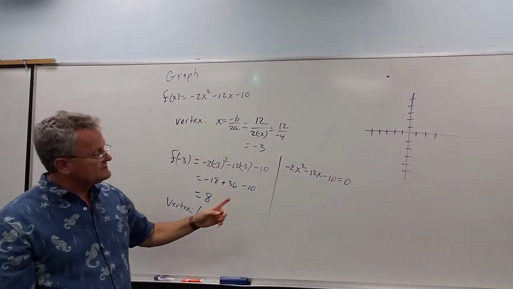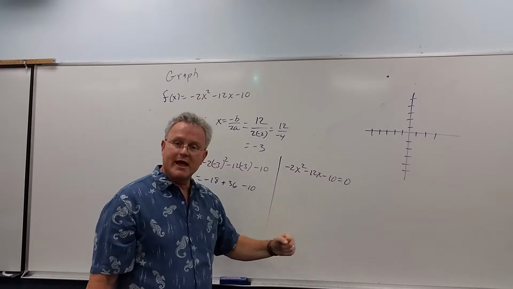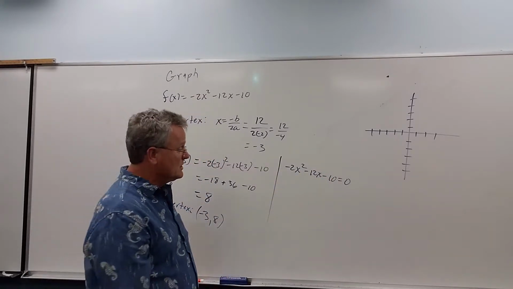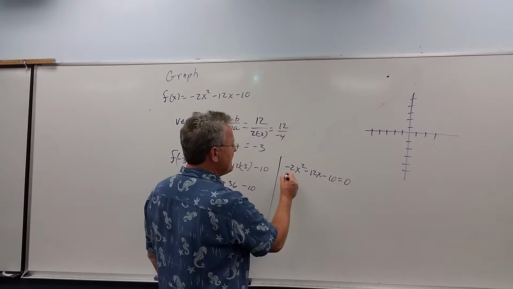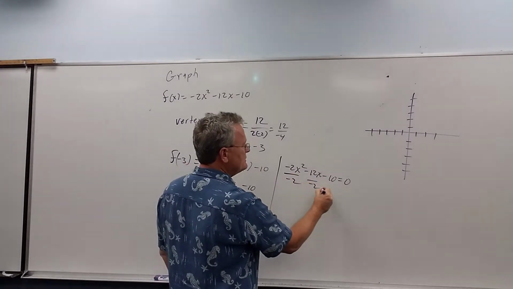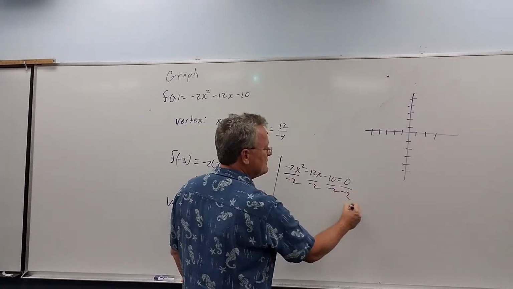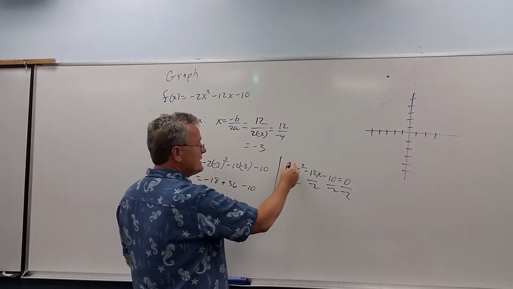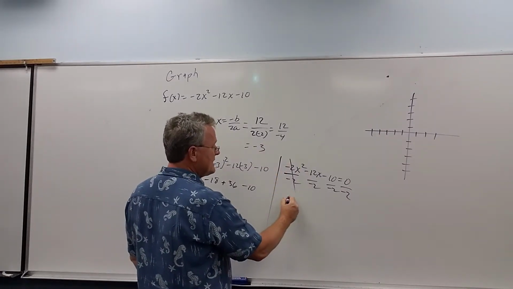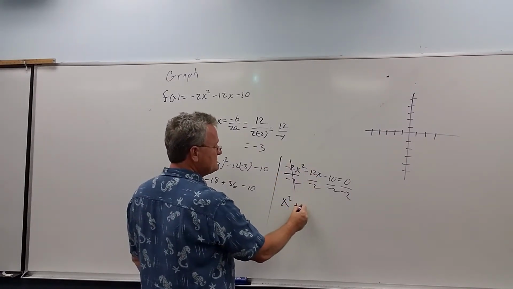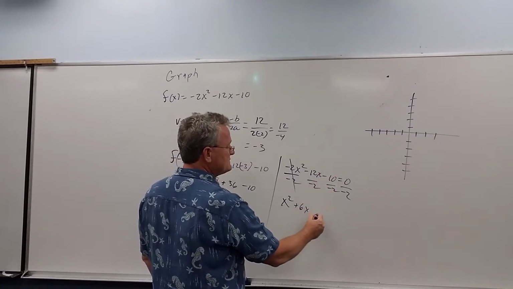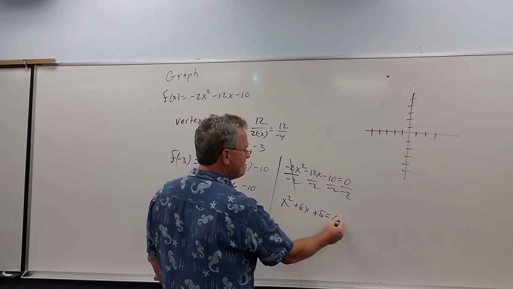The easiest thing to do, notice every term has a factor of 2. So let me divide both sides by negative 2, just to simplify solving this. Negative 2 over negative 2, they cancel. This gives us positive 6x. This gives us a positive 5.